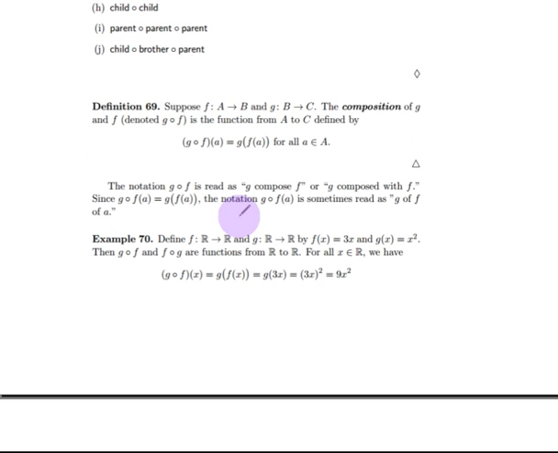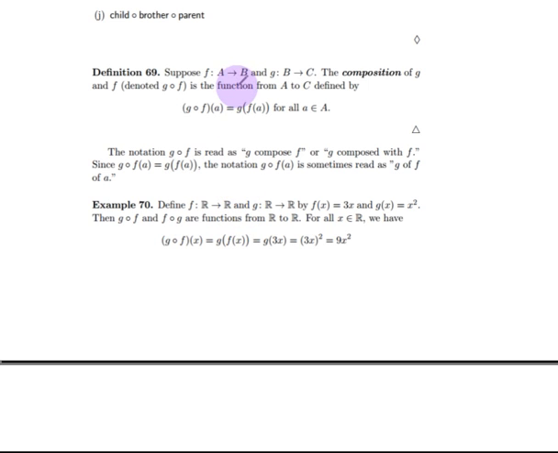Okay. Well, let's do a more mathematical definition. If we want to define a function, it's good to define that function element by element. So suppose we have two functions, f from A to B and g from B to C. And we often represent these graphically. Usually when you're dealing with functions and you want to have a clear idea of what's going on, it's good to draw these sets that indicate what's going on.